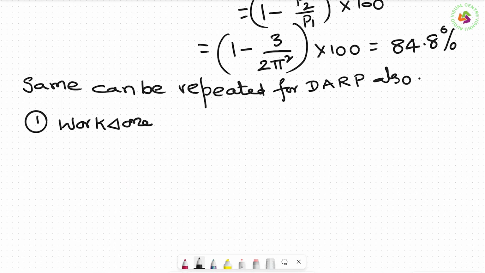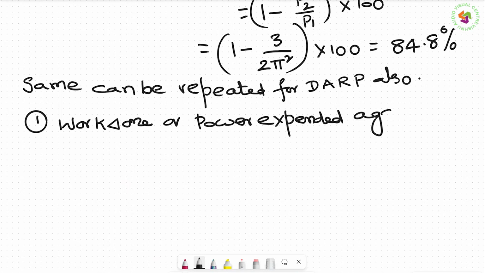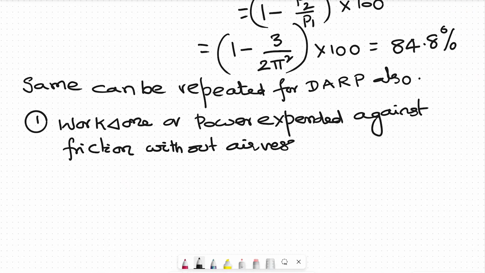the work done or power expended against friction without air vessels is the same as the single acting reciprocating pump.